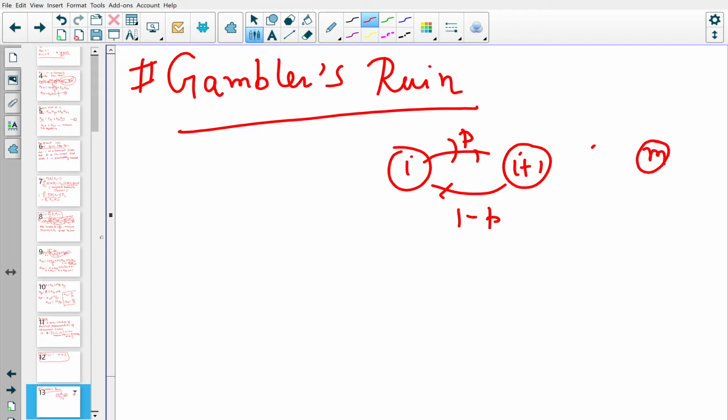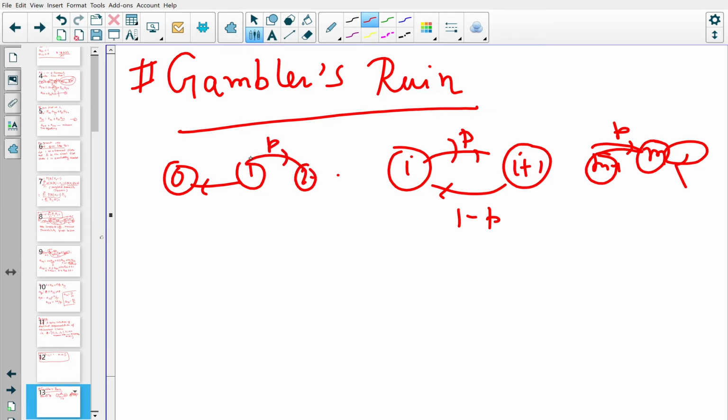The moment you end up at M, you leave the game, so this is a winning state. Similarly, you finish once you have 0 money, which is a losing state.